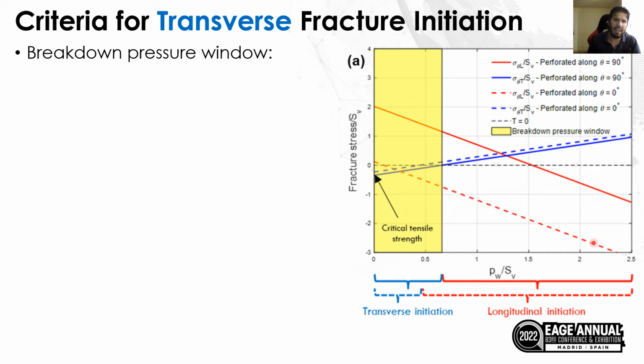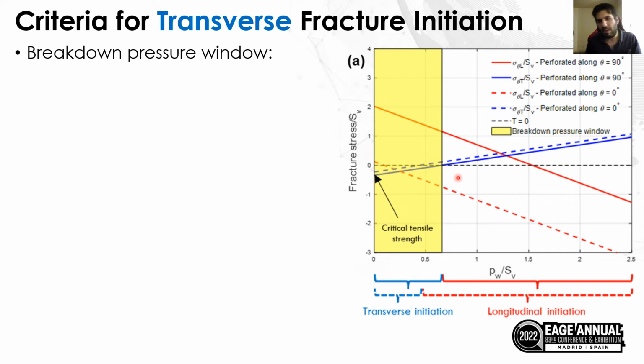The breakdown pressure is a wellbore pressure value, so we read that from the x-axis. If that value is within this yellow shaded region, you are going to get transverse fracture initiation because the transverse fracturing stress will be more tensile than the tensile stress of the rock.